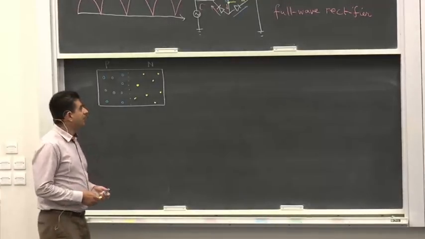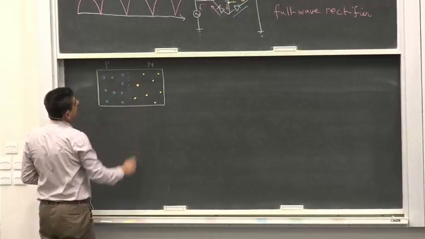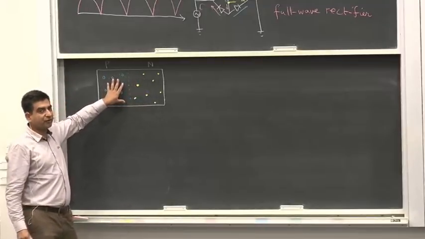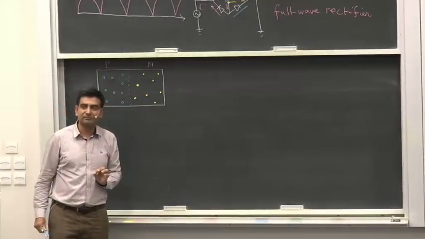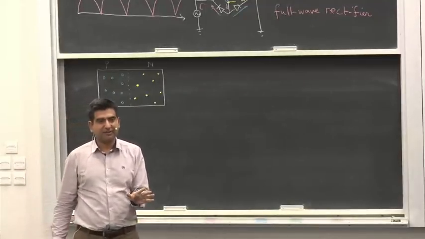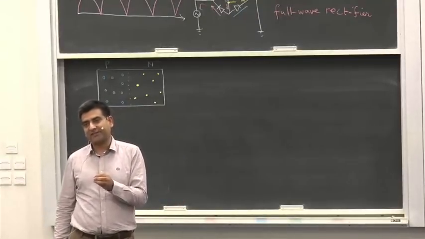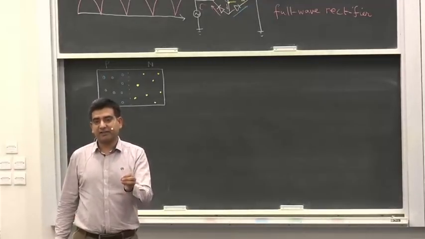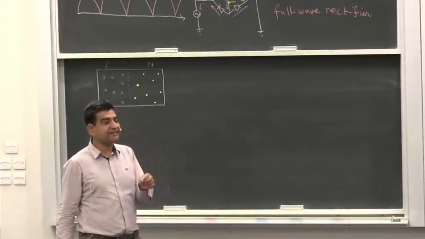There is a higher concentration of electrons here and a higher concentration of holes here. When I say an electron in today's class, it generally means a mobile electron inside the conduction band, and when I say a hole, it means a hole inside the valence band.